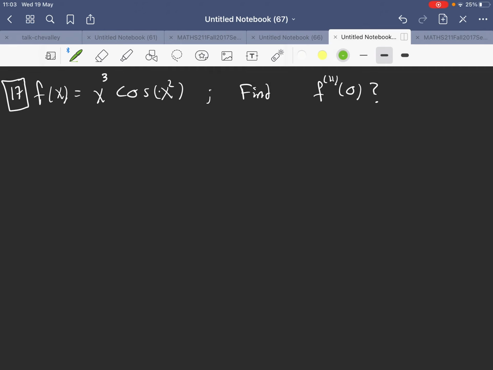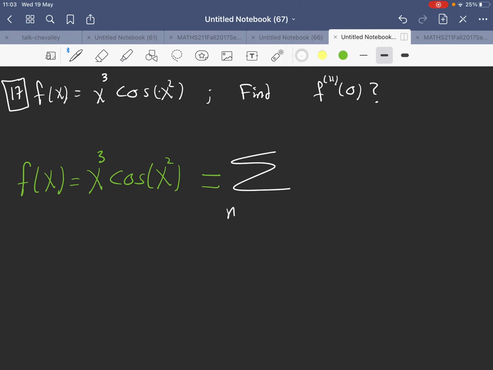Now, what do I mean by something in the series? Now, this is f of x. And the general formula is f^(n)(0) over n factorial x to the power n. Sorry, not 11, it's n.